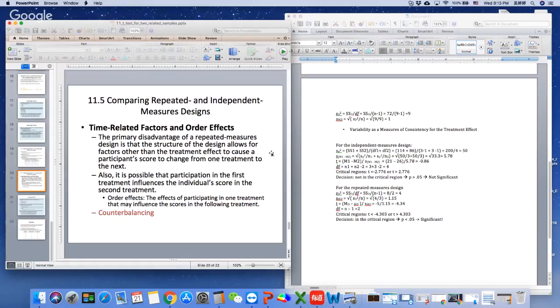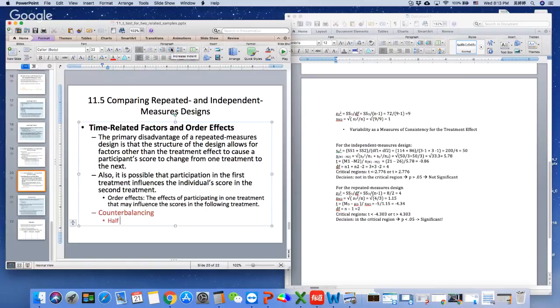Means half of participants finish treatment 1 before treatment 2.